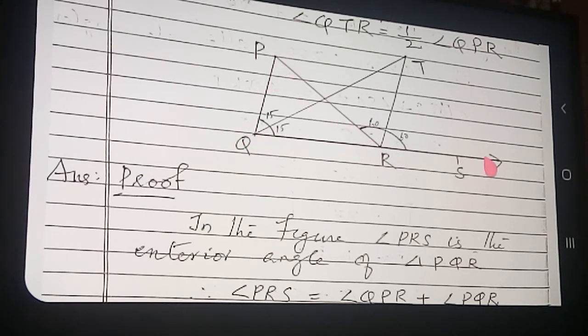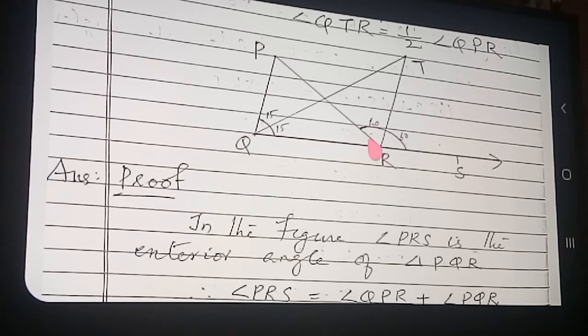Did you get PRS? PRS is the exterior angle of which triangle? PQR. PQR is this triangle. So where is PRS drawn? PRS is drawn outside. By extending QR you have got PRS, no? So PRS is what type of angle? Exterior angle.